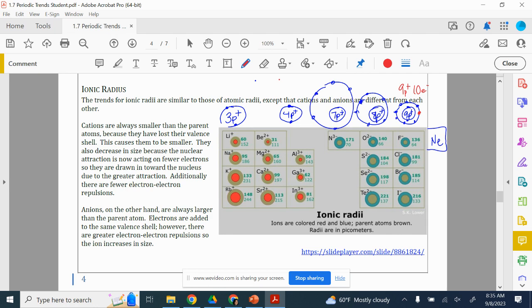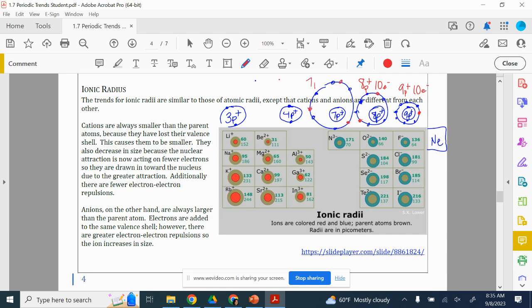Now I march over to oxygen. What does he have to do to look like neon? Right, we have to add 2 electrons in here. Now I've got 8 positives pulling on 10 electrons. Are they going to be able to hold that in quite as tight? No. Now I march over to nitrogen, and they've got to add 3 electrons.